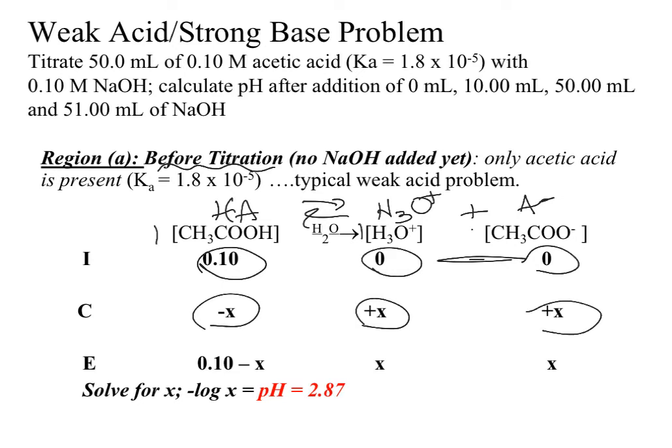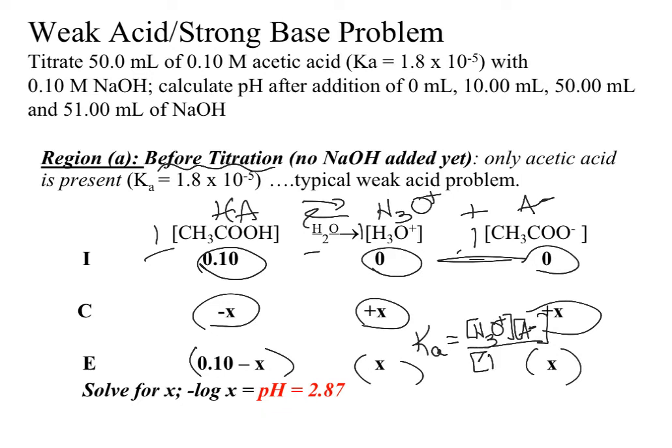I think almost all these titrations are going to be 1 to 1 to 1. And then once you have the equilibrium concentrations of everything, you go ahead and plug into Ka. So remember, Ka is products over reactants, and they will always have to give you the Ka value.